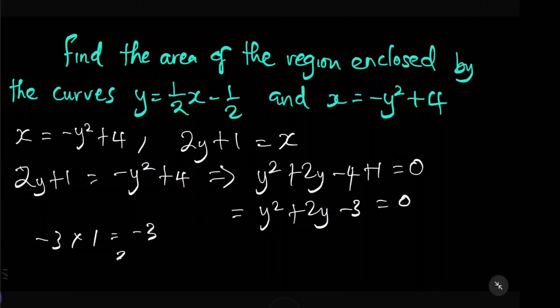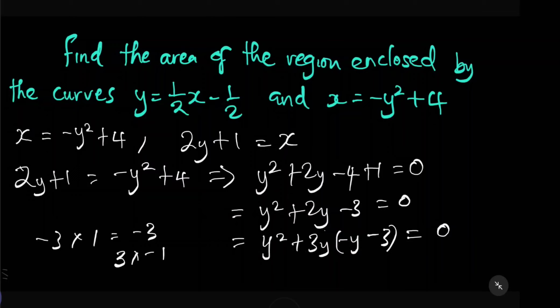That should be 3 times minus 1. So this can be written as y squared plus 3y minus y minus 3. So we then factor out. If we factor out at this point, we have y plus 3, and here minus 1 is a factor, so we have y plus 3.